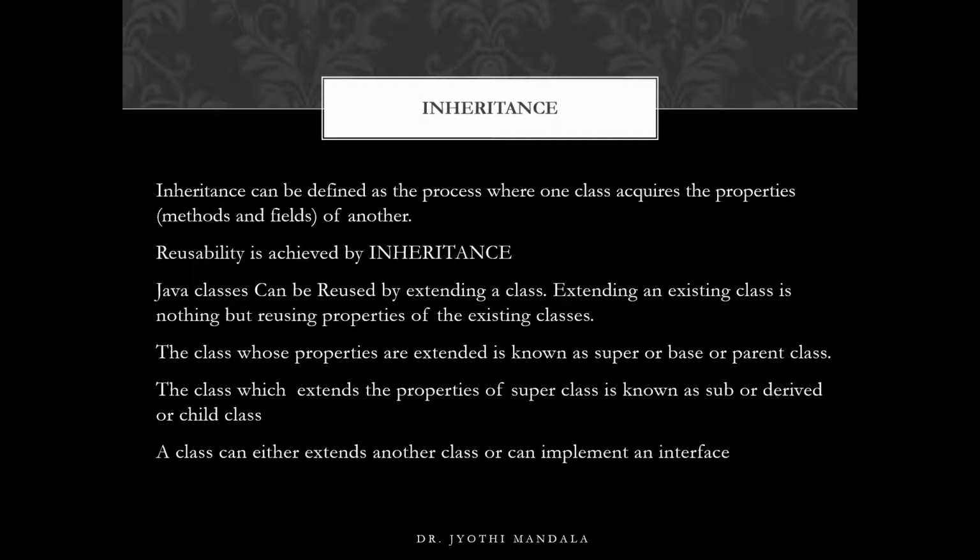A parent class is the class whose properties we are going to use, and it is also referred to as a super or base class. The class which uses the properties of the parent class is referred to as a child class, also called a sub or derived class.